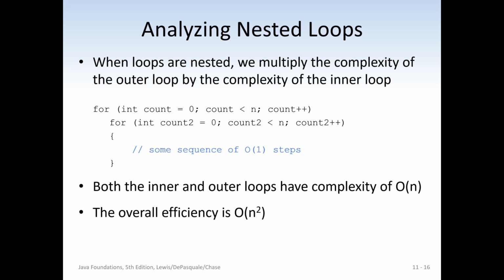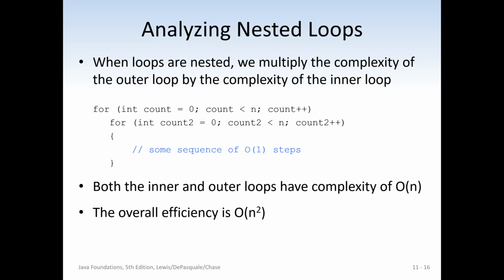But inside of that loop is order 1. So what we do is we estimate the order of the inner loop. It's going to execute 0 to n times, and what executes inside of it is order 1. So that's going to be k times n, right? And then the outer loop is going to also execute n times. So that's k times n, which is kn squared, which is just big O of n squared, right?